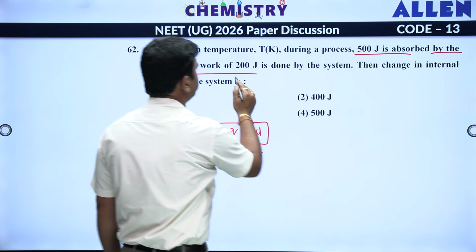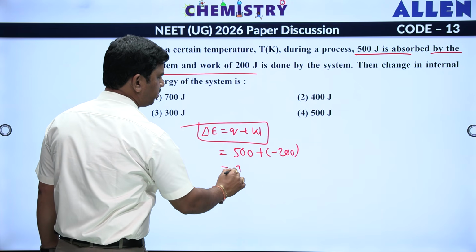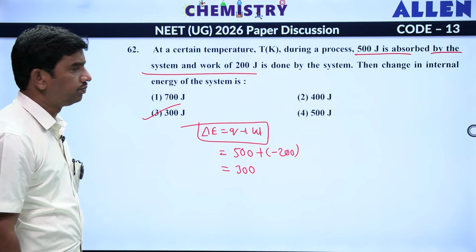Work done by the system is negative, so this is minus 200, which gives 300. That is the answer. Option 3 is the answer for the 62nd question. Next one.